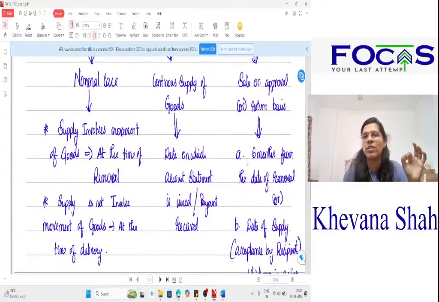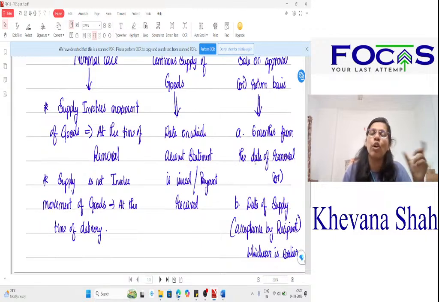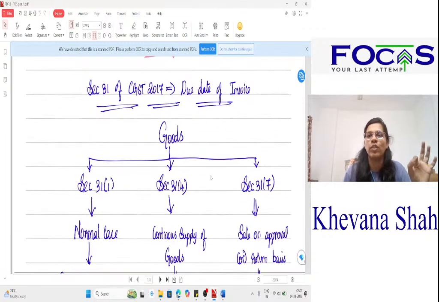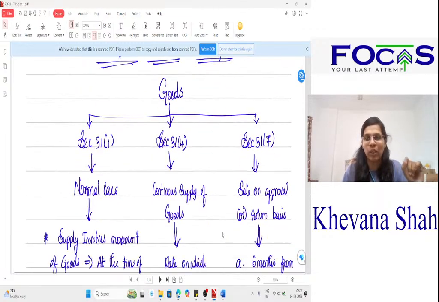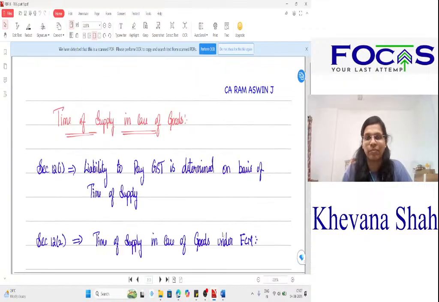Why acceptance? Because here we have sale on approval or return basis. So whenever you are sure that the sale has actually occurred and the recipient has accepted, on that date the invoice will be issued, or 6 months from the date of removal. The earlier of these two dates will be your date of issue of invoice for sale on approval or return basis.